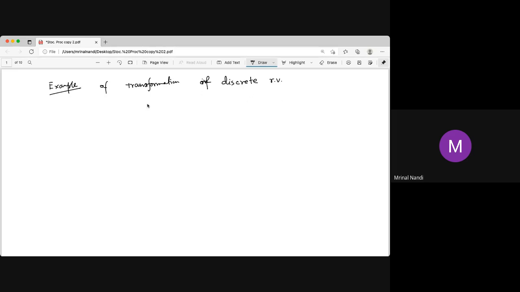But for discrete, say x is a discrete random variable, say it is uniform. So the probability of x equal to i is just 1 by n, for i equal to 1 to n, where n is some natural number, say n equal to 5.